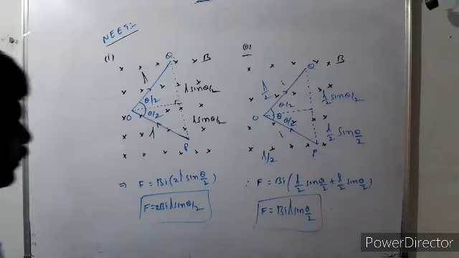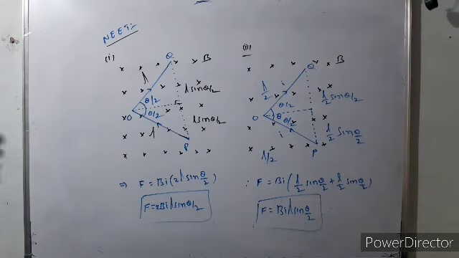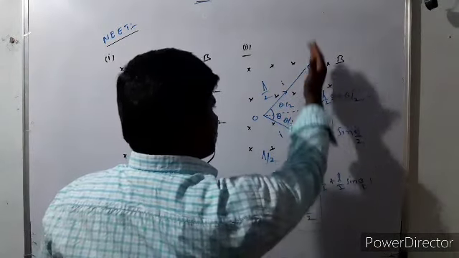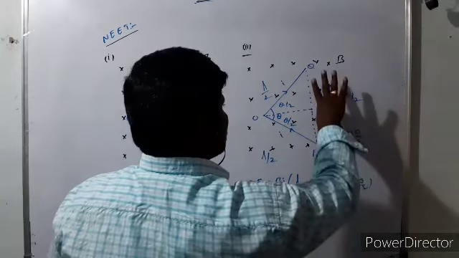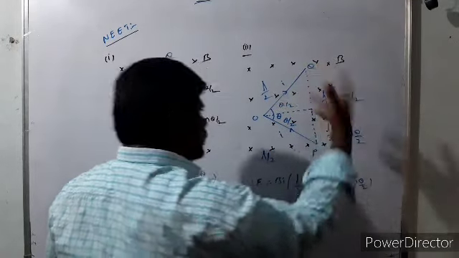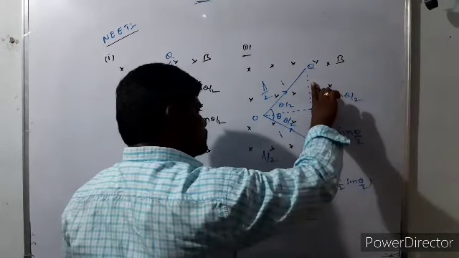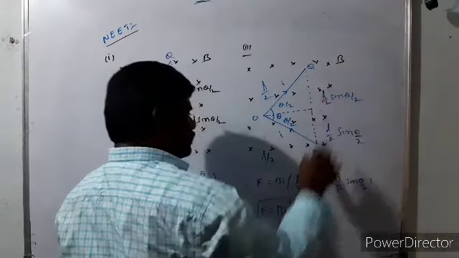If force on POQ is nothing but force on PQ straight conductor, then instead of dotted lines, if we consider a straight conductor between P and Q points, what is the length of that straight conductor?